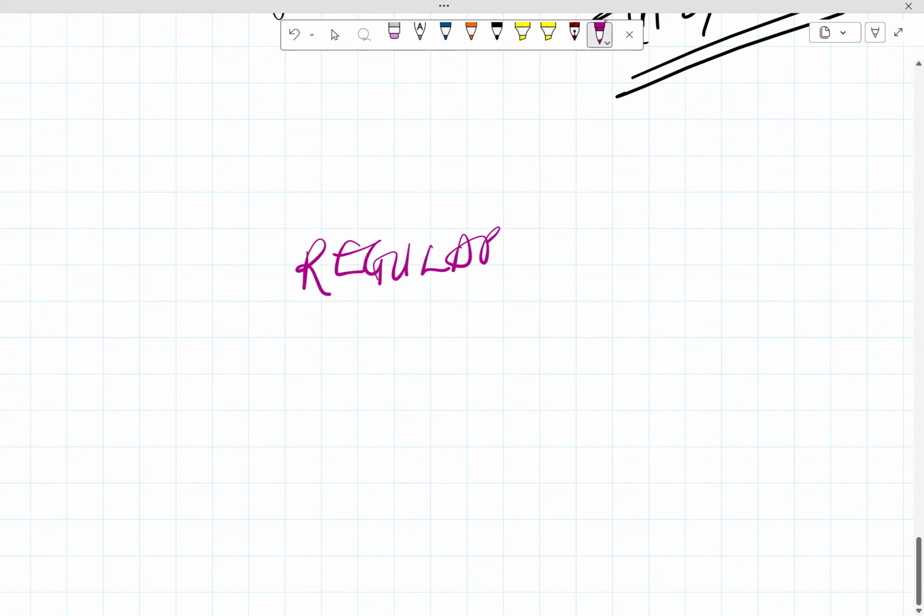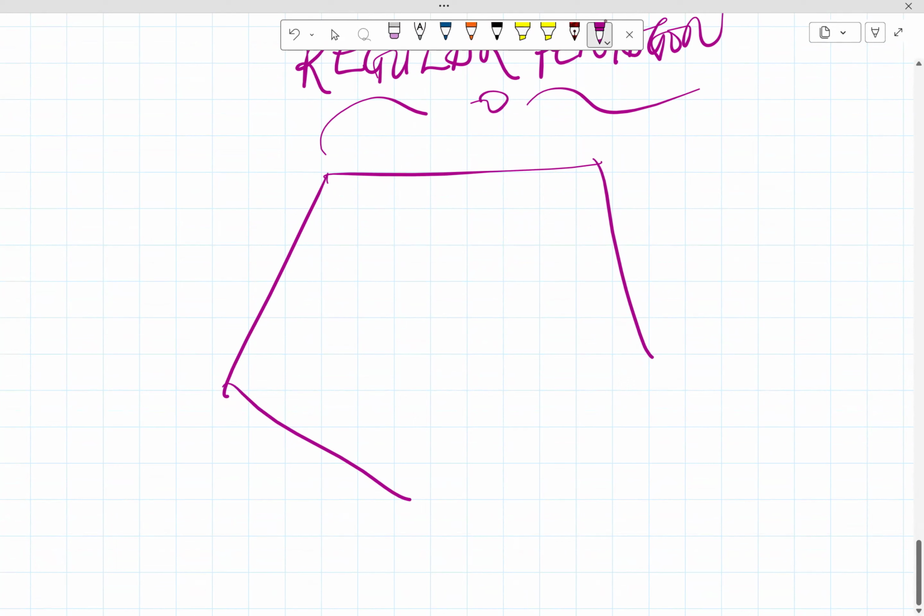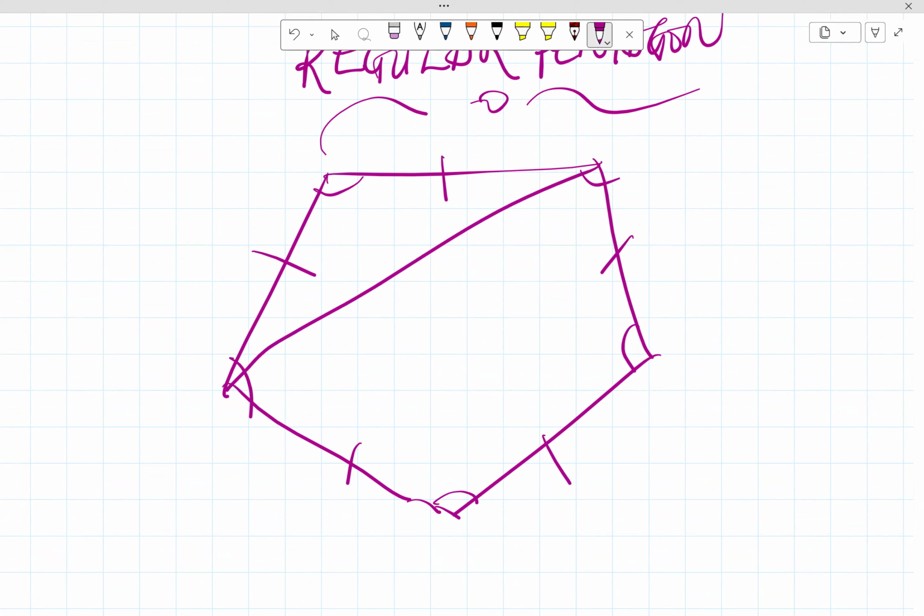So we take that idea again to a regular pentagon, and we see the same kind of trend. For a regular pentagon, you have this, this, and this. All the sides are the same. But guess what? If I draw a line from this corner here, and another line from that same corner, I have three triangles in this case.